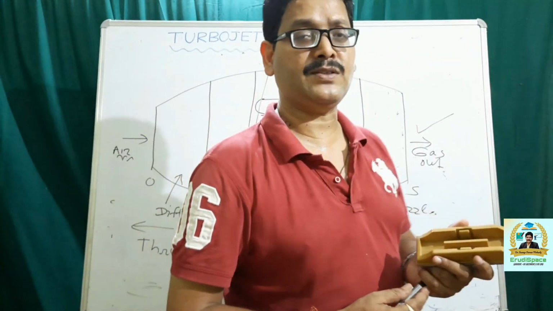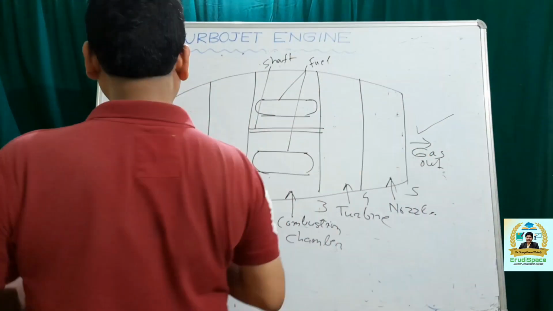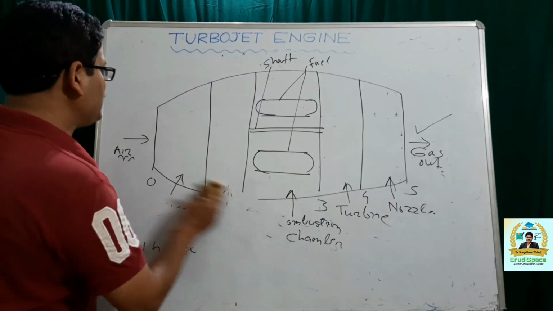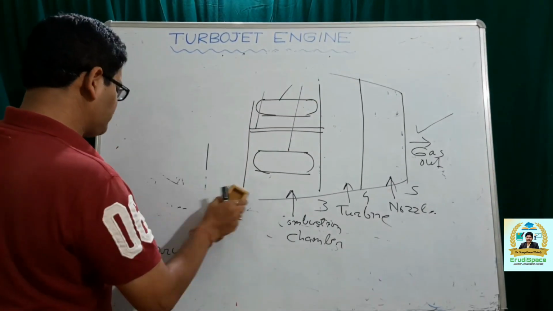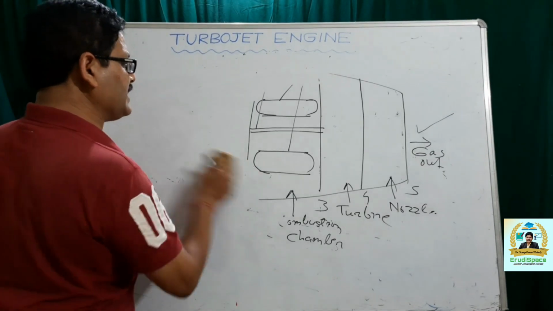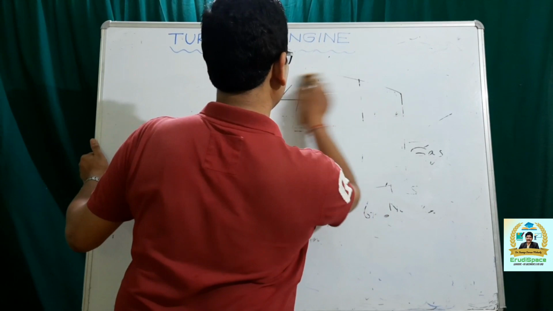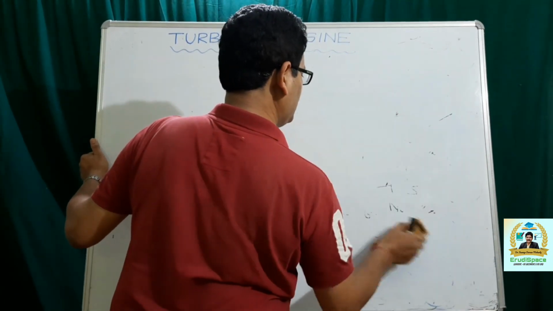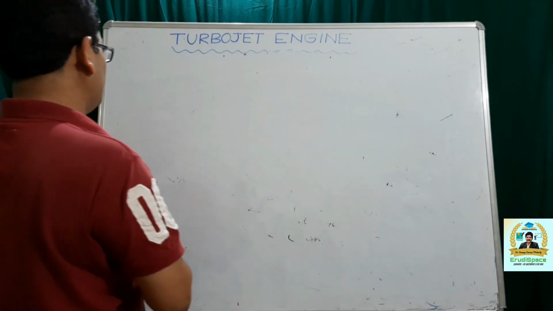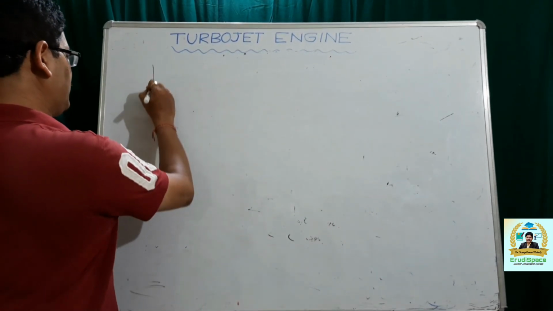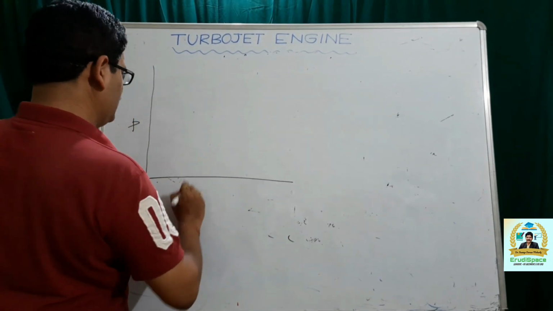Now we will discuss this with the help of a PV and TS diagram, and then we can compare how it differs from the simple open cycle gas turbine. First we will consider the PV diagram, and then we will consider the TS diagram. So let me first consider the PV diagram. This one is the PV diagram.